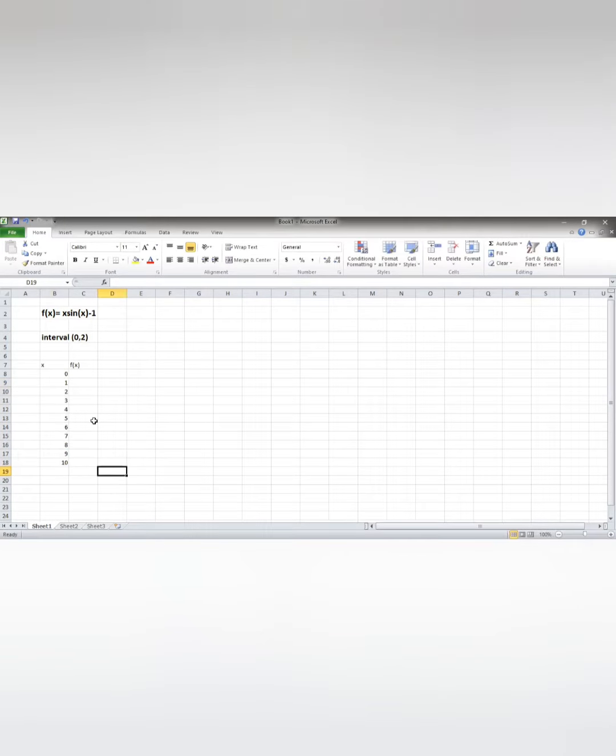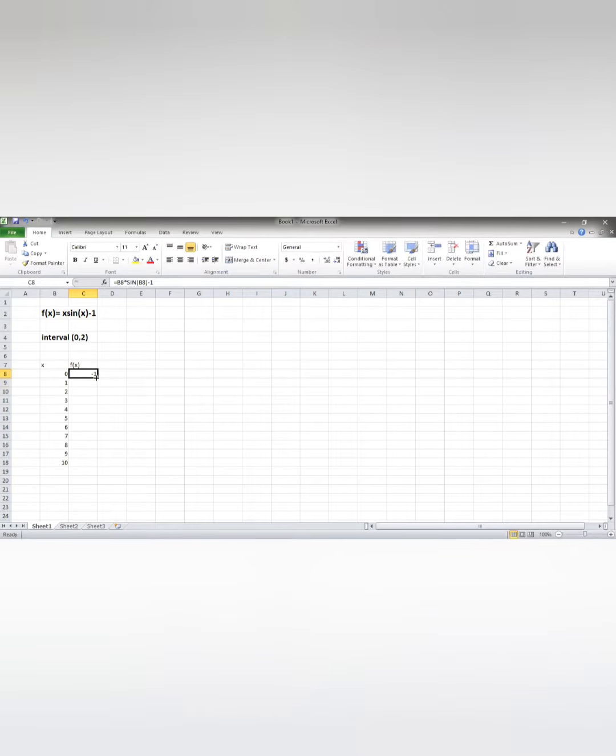Okay. Then I have to enter the formula of my function. So this will be equal to, I have to click the cell times sine. Okay, type the sine, then double click times the cell of x. Okay, minus 1.